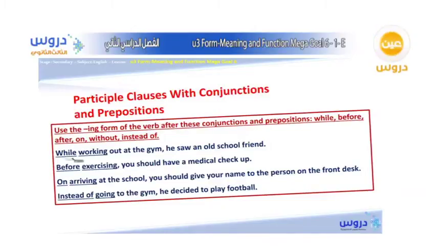Example, while working out at the gym, he saw an old school friend. While working. Before exercising, you should have a medical checkup. On arriving at the school, you should give your name to the person on the front desk. Instead of going to the gym, he decided to play football.